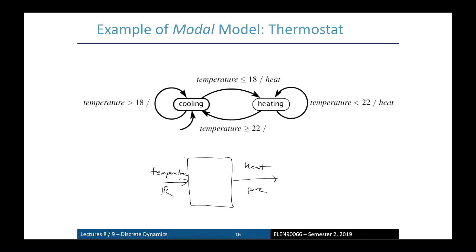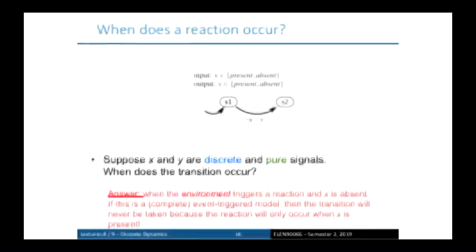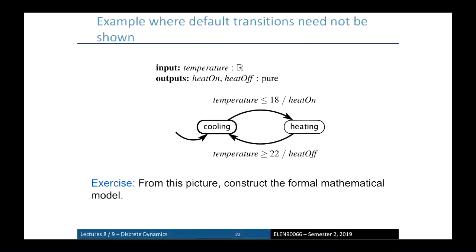We can actually eliminate these transitions, from a state back to itself, if we do something a little clever. Let's modify our design. Instead of having a discrete dynamic system with temperature as input, which is a real number, and just one heat output, we're now going to have two outputs: heat on and heat off.